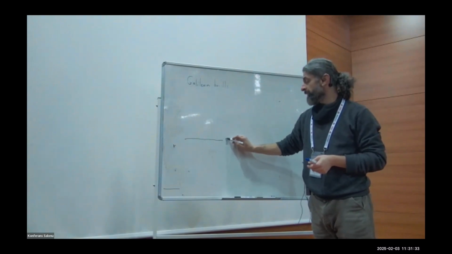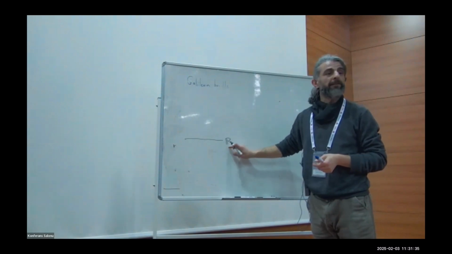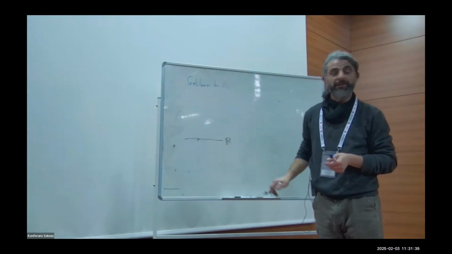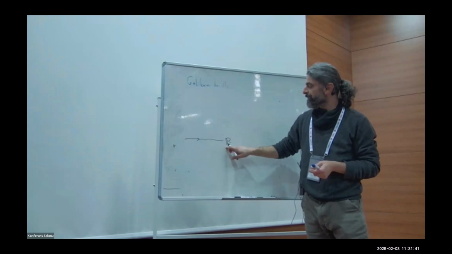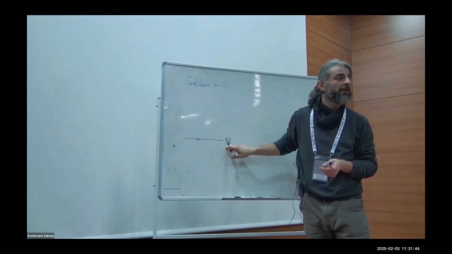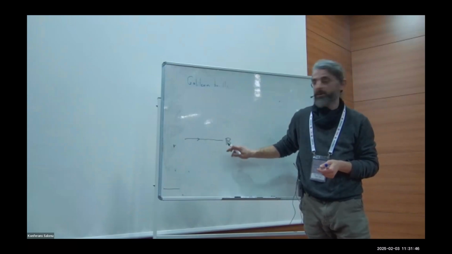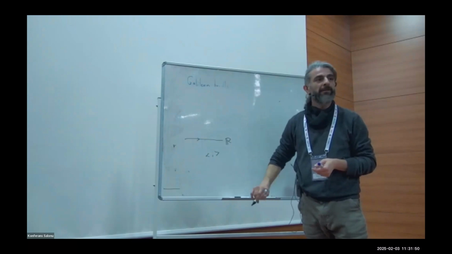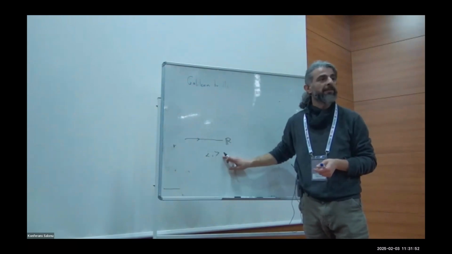It's represented by the real line, and it is given an orientation. This orientation is based on the ordering properties of the real line, okay? Which we denote by these symbols, less or greater.